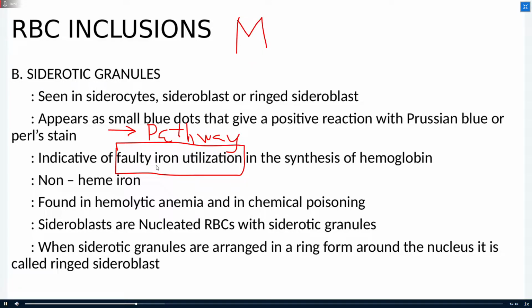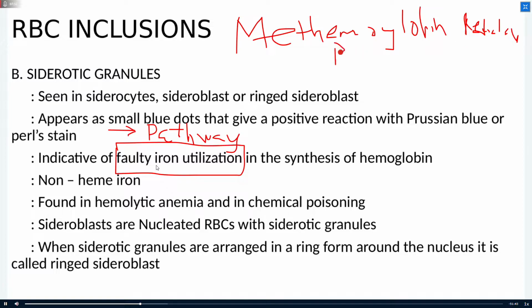Starts with the letter M. Alright, it's your methemoglobin reductase pathway. Anong enzyme na may deficient kapag may problem yan? What's the enzyme?